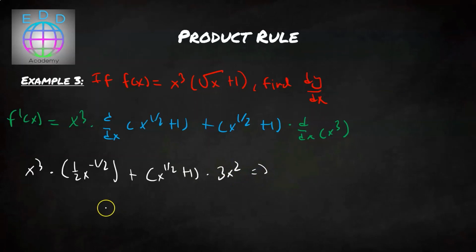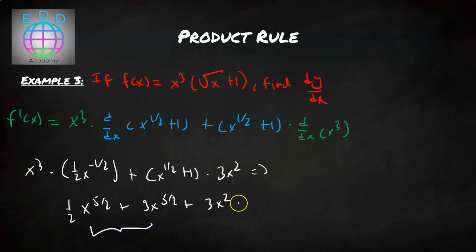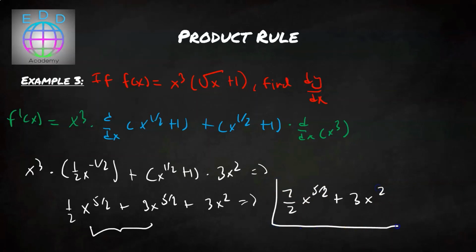If we simplify this, we have that our derivative equals 1/2 x to the 5/2 plus 3x to the 5/2 plus 3x squared. Now, if we combine these two terms, our final answer is 7/2 x to the 5/2 plus 3x squared. That's our final answer.